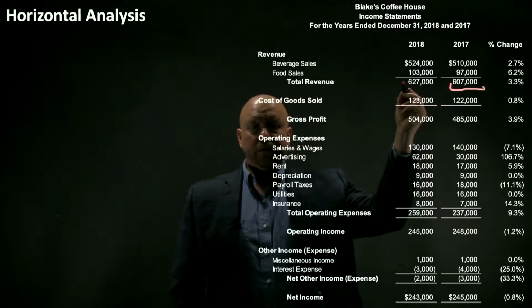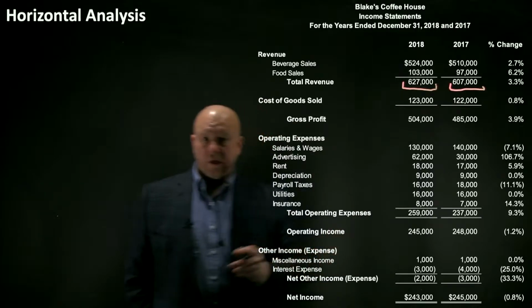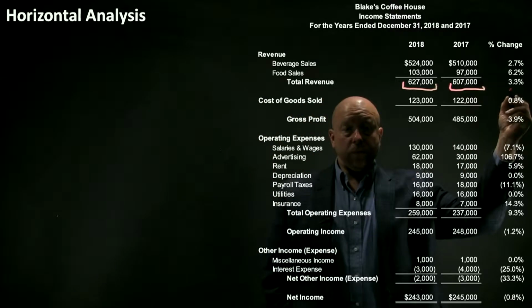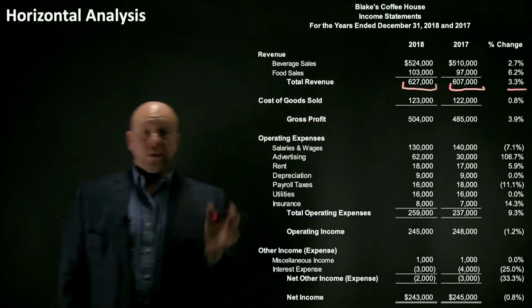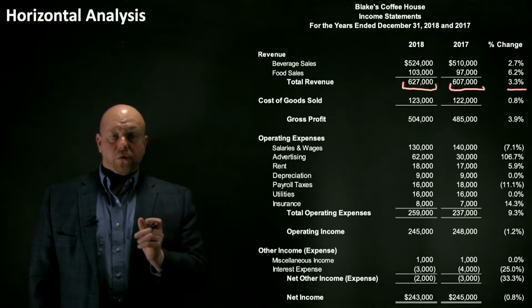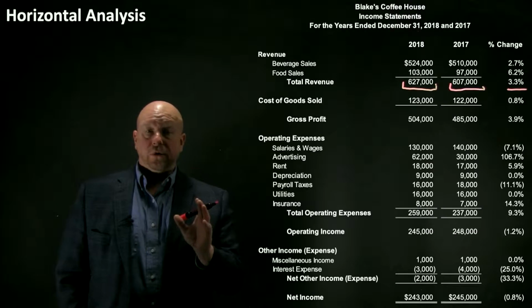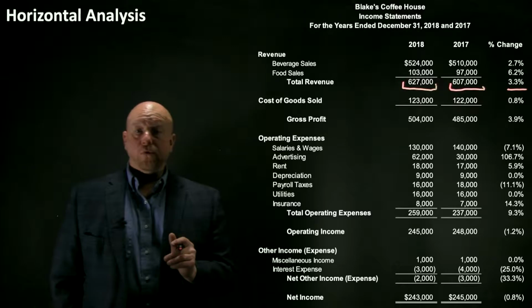Sales revenue was $607 in the previous year, jumped by $20,000 up to $627,000. So we saw a 3.3% increase in sales revenue, which is terrific, right? Companies are always looking to grow their revenue sources. Sometimes I've heard business owners say that if you're not expanding, you're potentially contracting over time.